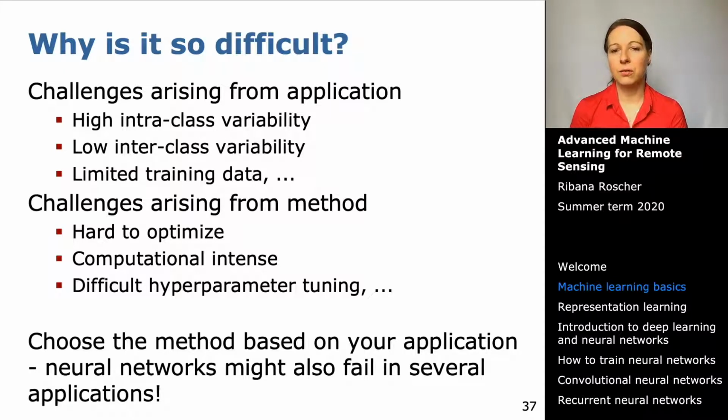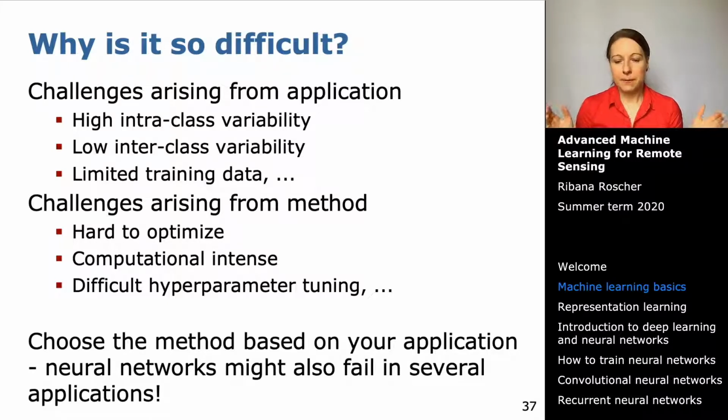And it's also difficult to tune hyperparameters. So hyperparameters are parameters which change the results and influence the model, but they do not directly describe, for example, the decision boundary. A hyperparameter, for example, is the weight between the data loss and regularization. And sometimes you can have a lot of hyperparameters, and it can be hard to optimize them.